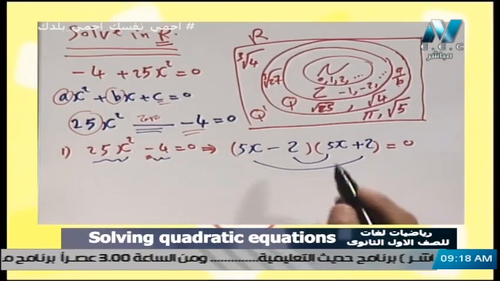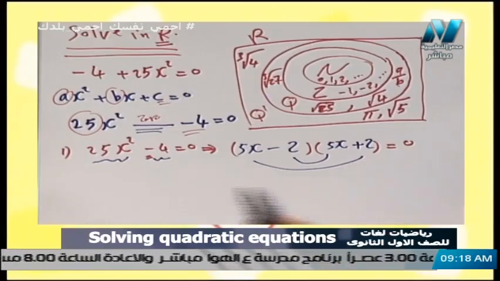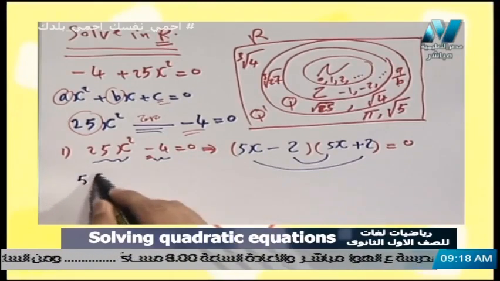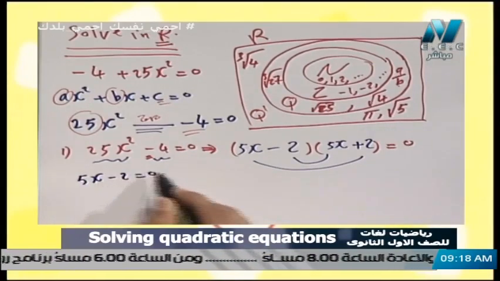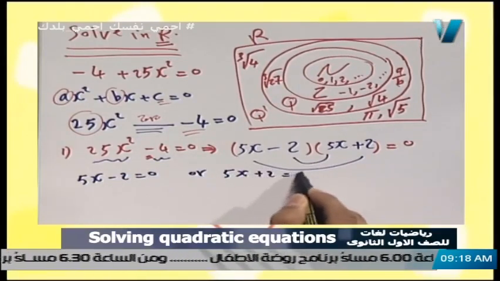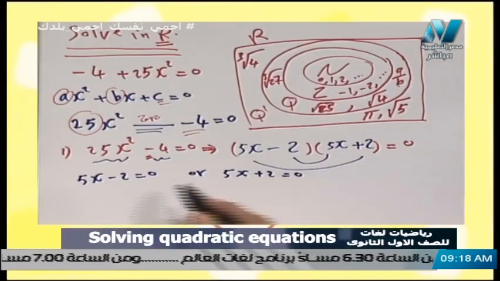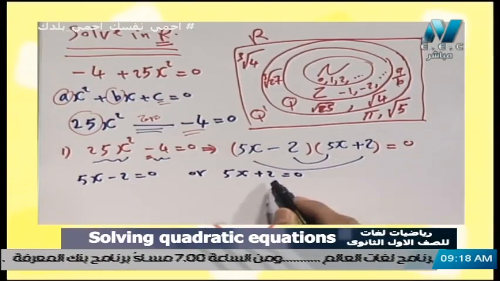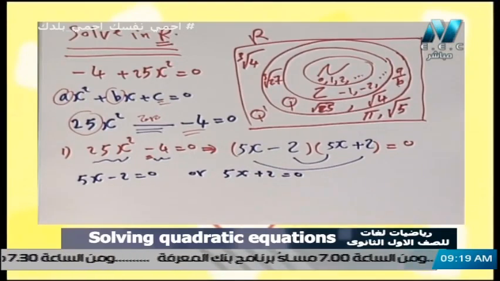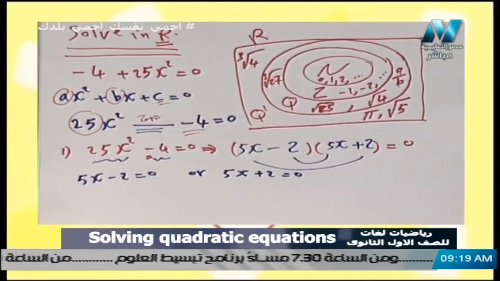Okay, to find the solution set of this equation, we put here 5x minus 2 equals 0, or 5x plus 2 equals 0. If we have two numbers multiplied by each other equal to 0, then the first equals 0 or the second equals 0. And we solve to find x.